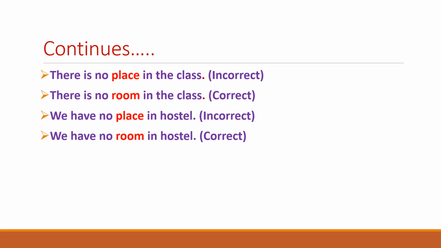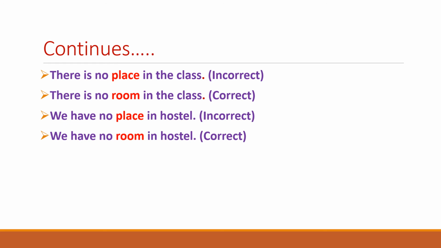So place is highlighted in red, and the correct sentence is, there is no room in the class. So room has replaced place. There is no place in the class is the incorrect expression, whereas there is no room in the class is the correct expression.